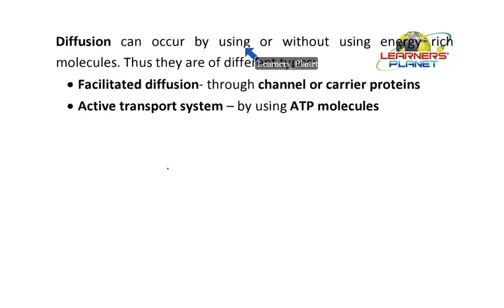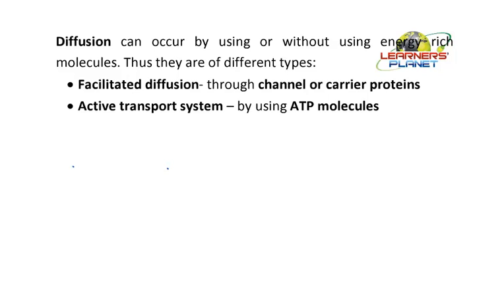That means from the region where it is high, it will move simply towards the low concentration area. In that case, it can occur directly, as we have discussed earlier, or it may take place by using certain supporting molecules present in the membrane. Or else it can also occur in another way, by using energy-rich molecules.